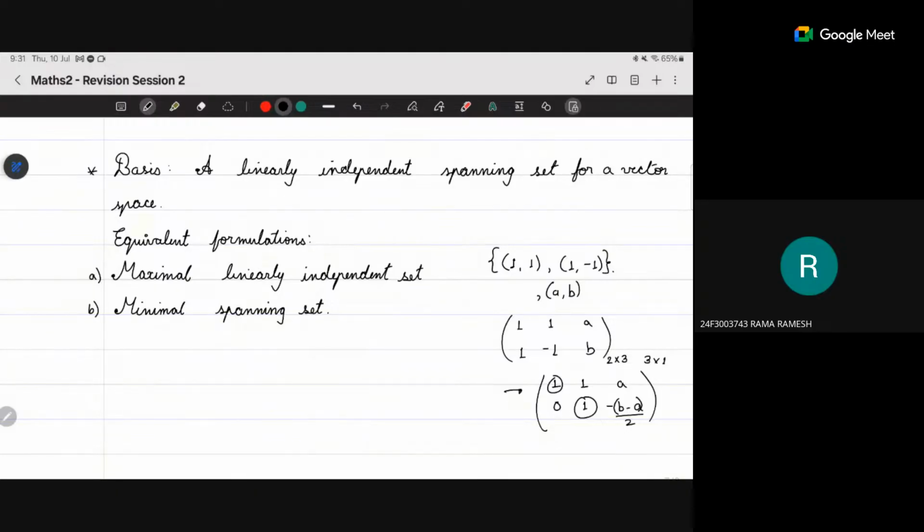But the vectors you have given are 1, 1, 1, minus 1, and a, b, no, sir? Yes, there are three vectors, each one having two entries.